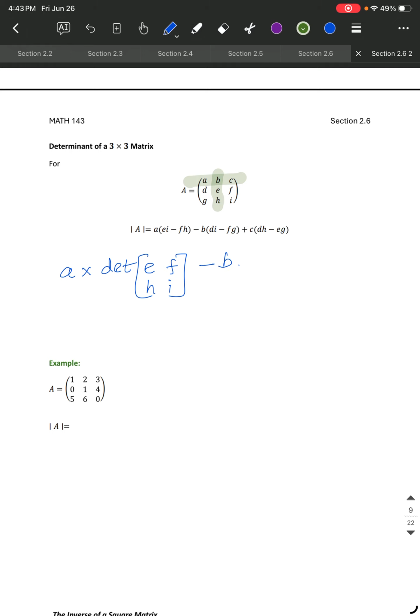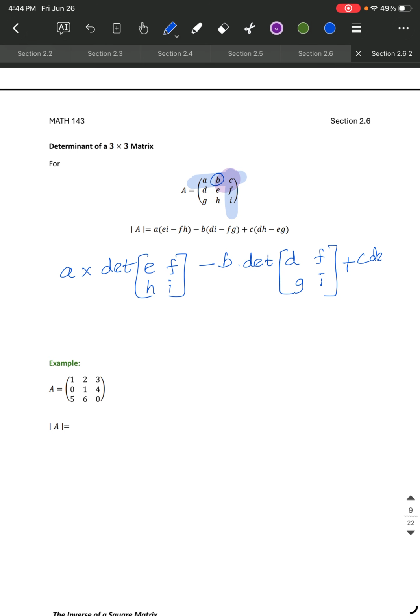Then B times the determinant of the other remaining D, F, G, I. Also plus, then first row, third column, we should get C here.